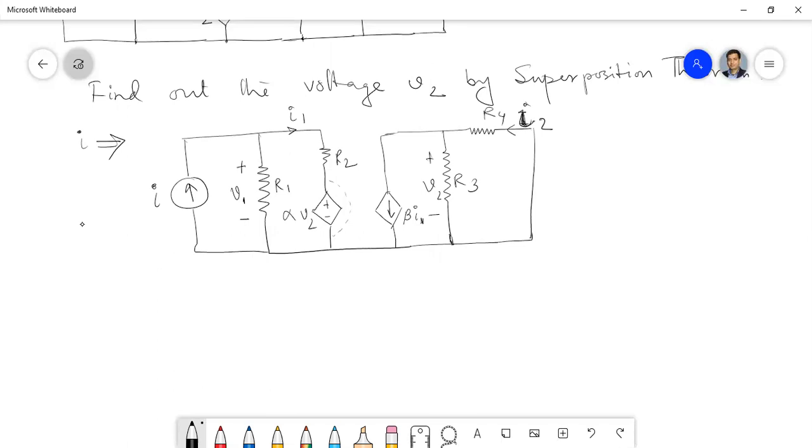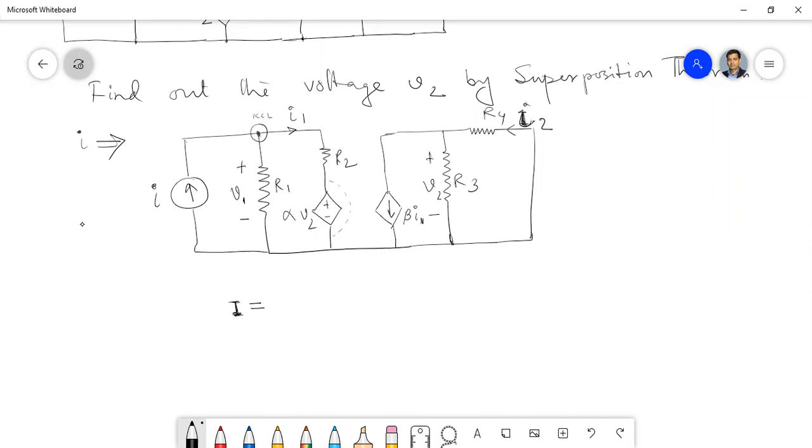ওকে, তো এখানে I টা কি হচ্ছে? This current, if I apply KCL here, anyone, what will be the value of this I or capital I? Here you can find it by KCL.